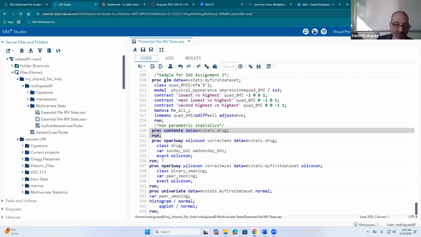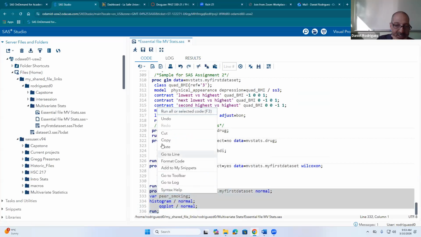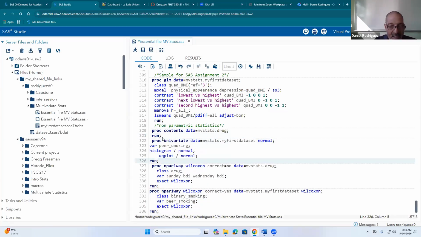But first, we're going to run it anyway, but I'd like to make sure that they are not normally distributed. So I can do this proc univariate. I'm going to just copy it since I already did it for something else we'll be using in a second. Let's put it right here, Control V, and our data set here is drug.